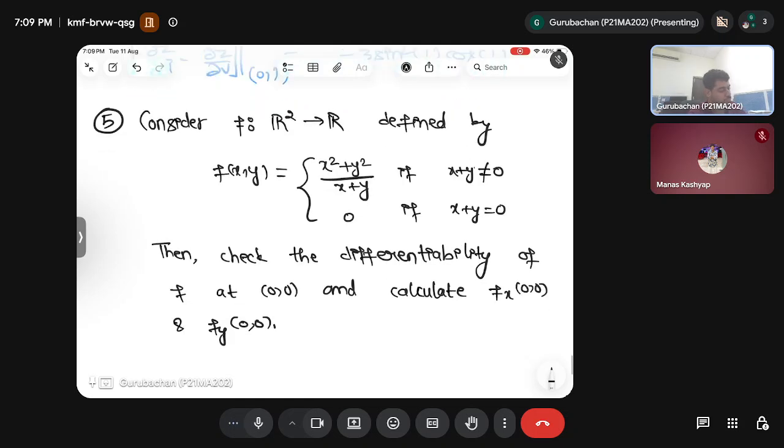Do this one. This is similar to the previous one.